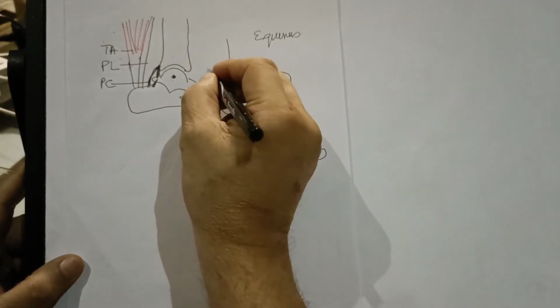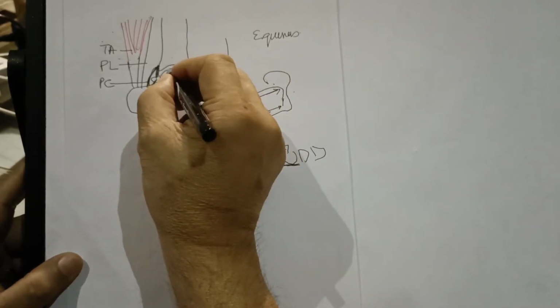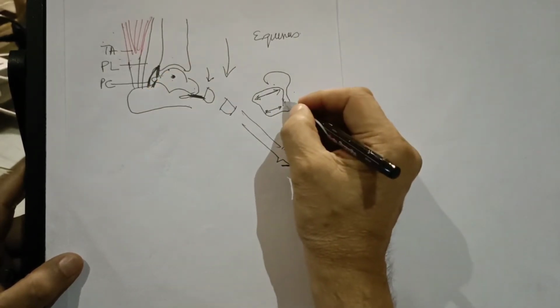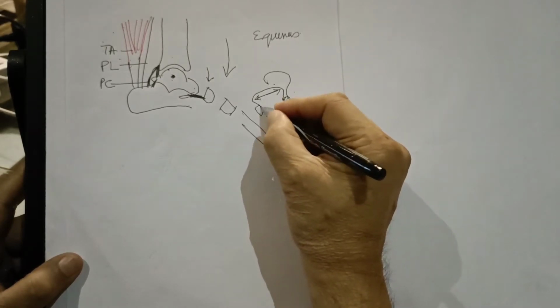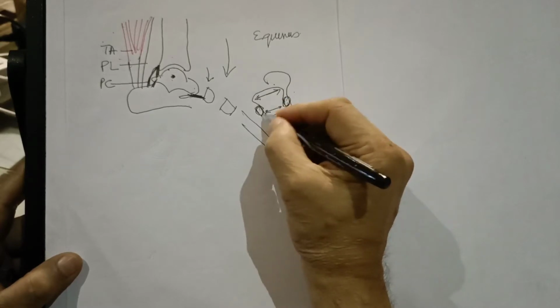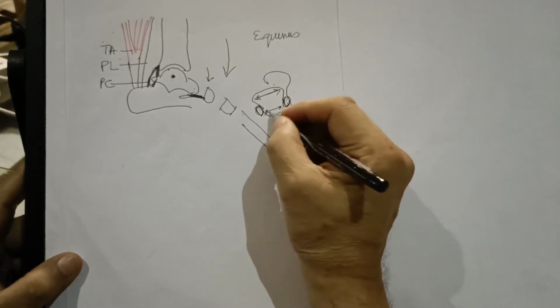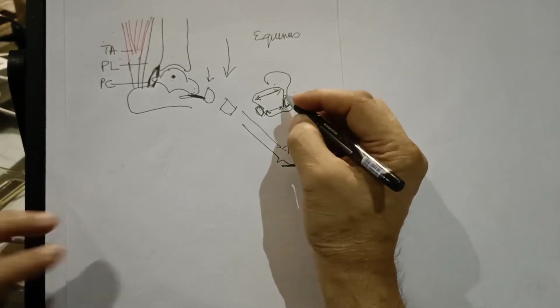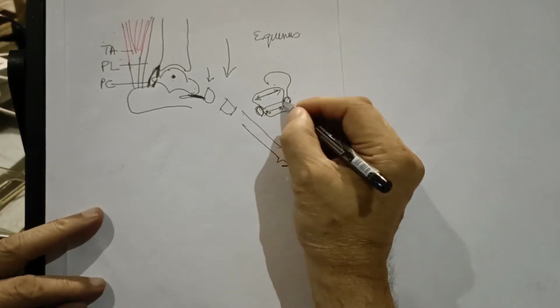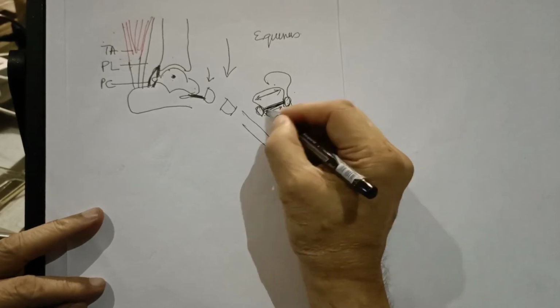And when the talus is in equinus, it's the posterior part of the body that is in between the ankle mortise. So ankle mortise is somewhere here. So if this narrower portion of the body remains in the ankle mortise for a long period of time, then the tibiofibular ligament gets contracted.